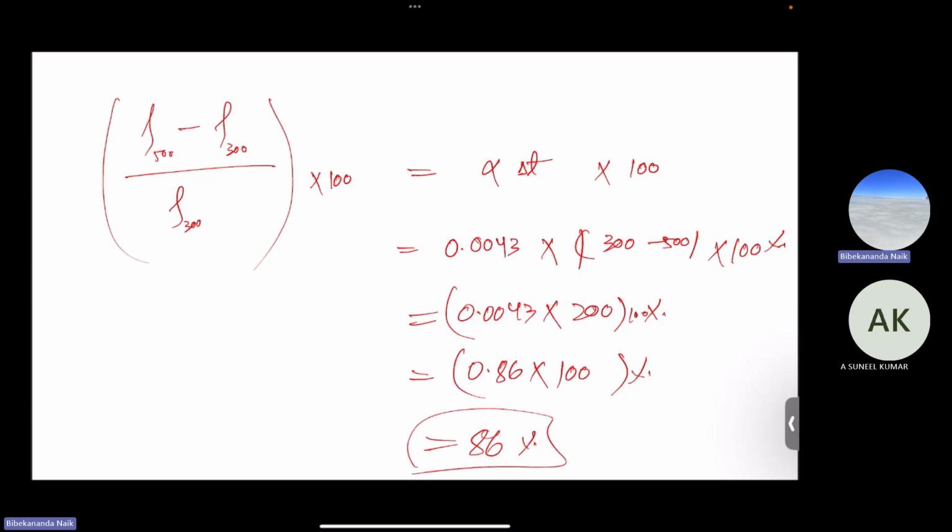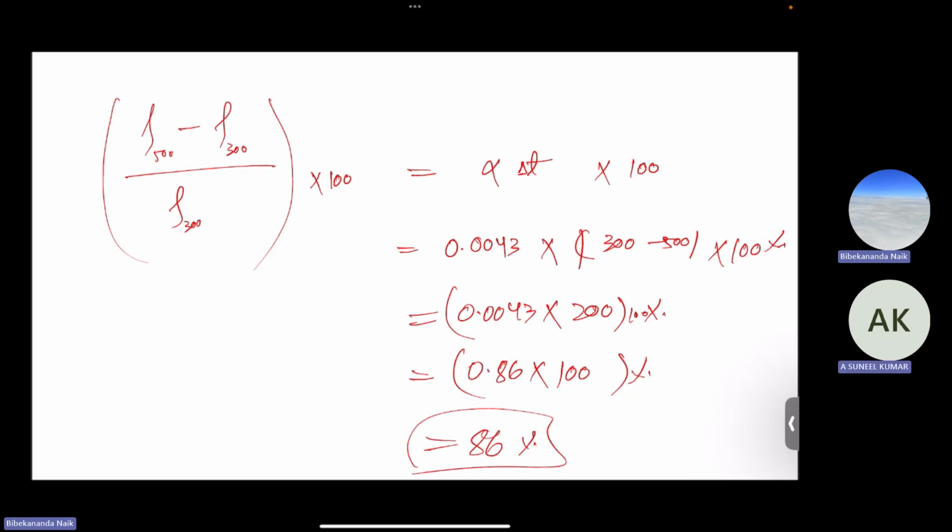So the percentage increase in resistivity of copper when we heat it from 300 Kelvin to 500 Kelvin is plus 86%, the resistivity is increasing. Can you tell me, since here we are considering copper, is it a conductor or an insulator? Conductor. So since copper is a conductor, it has sufficient free electrons to carry the electric charge.